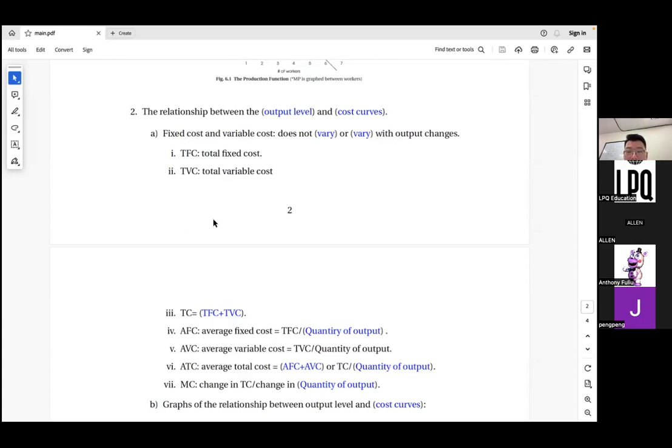My example was in my coffee business. I bought 3 coffee makers, and I paid $300 for them. You see, $300 has no relationship with how many units of coffee I produce using 3 coffee makers.